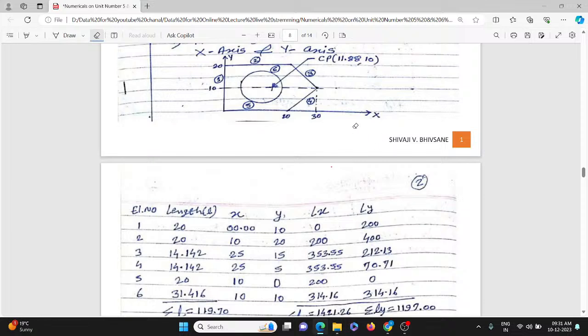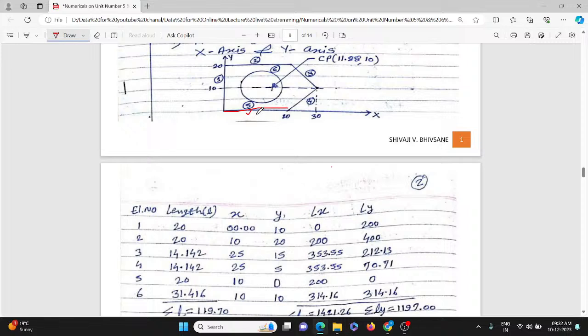So which one is the next element? So the next element is nothing but element number 5. And so this line and this line segment, that is element number 5. Okay. So what is the distance of the centroid of this particular element 5 from the x-axis?